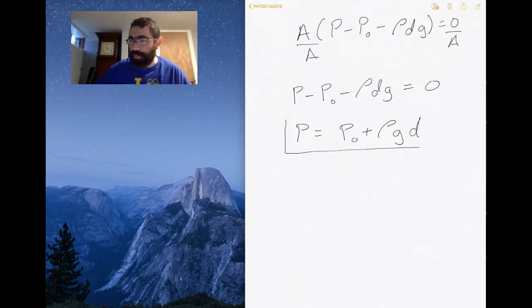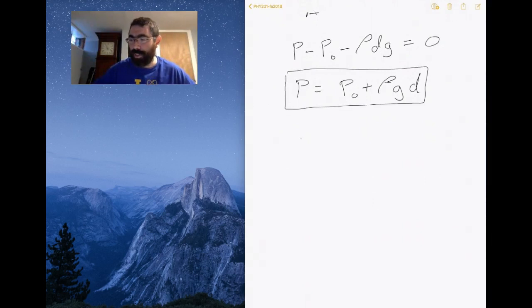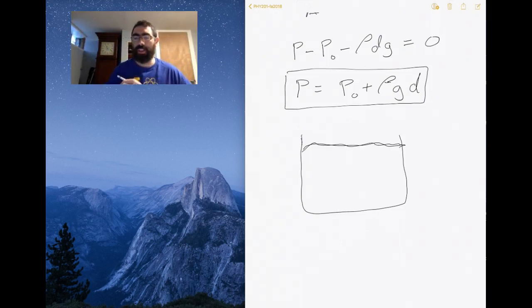And so now I've got this equation I can use to calculate what is going to be the pressure at the bottom of my container of fluid given some depth of the fluid. So if I go back and draw my container, there's some fluid in here, so here's the fluid level of the container.